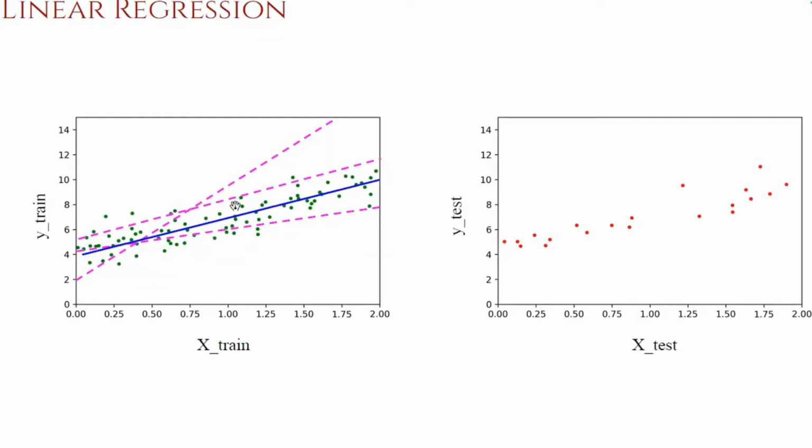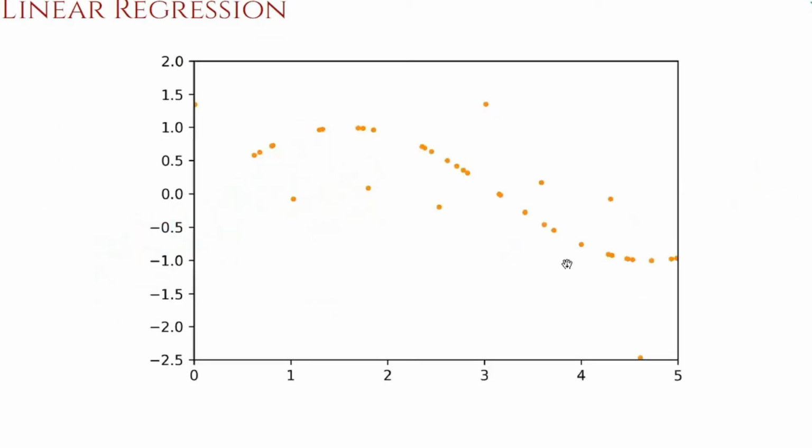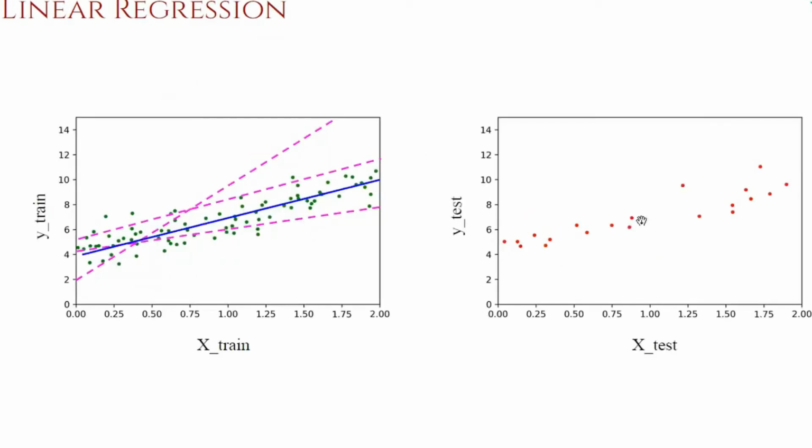Quite often we hear this term fitting. By a geometric interpretation, we are trying to fit a geometry that best represents this data. So if we assume this blue line as best representing, then we can test it with our testing data and see how good it is representing.